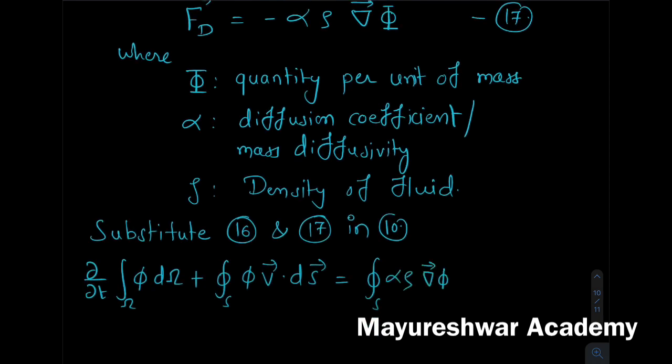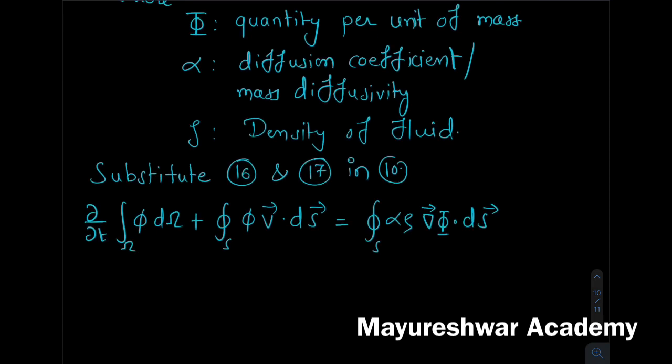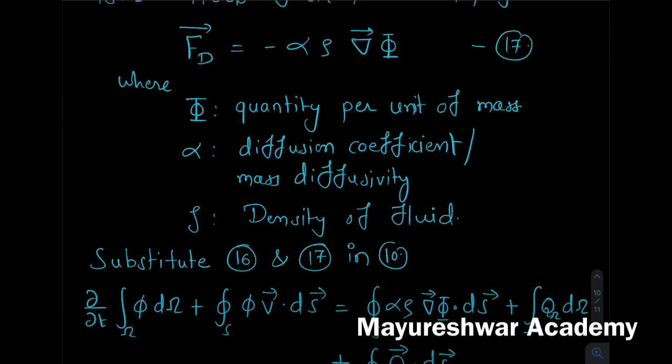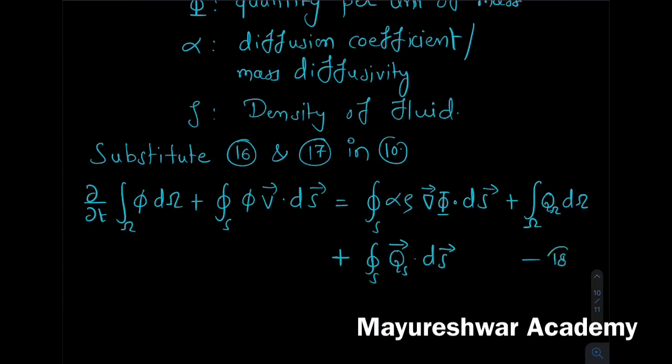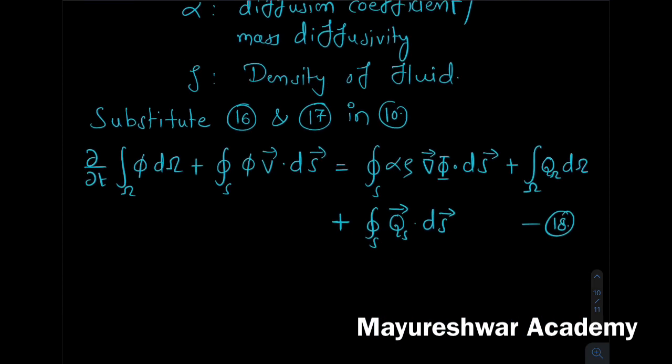We have taken this term on the other side to avoid a negative sign, plus the source terms, which were q omega d omega, and the surface sources, closed surface integral of qs bar dot ds bar. So let us call this 18.